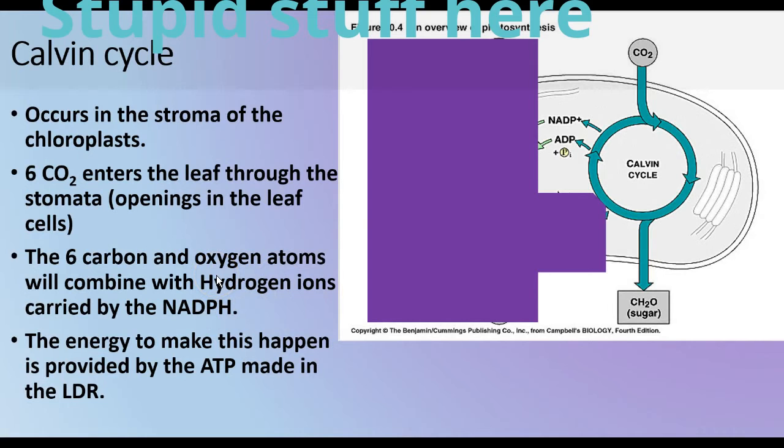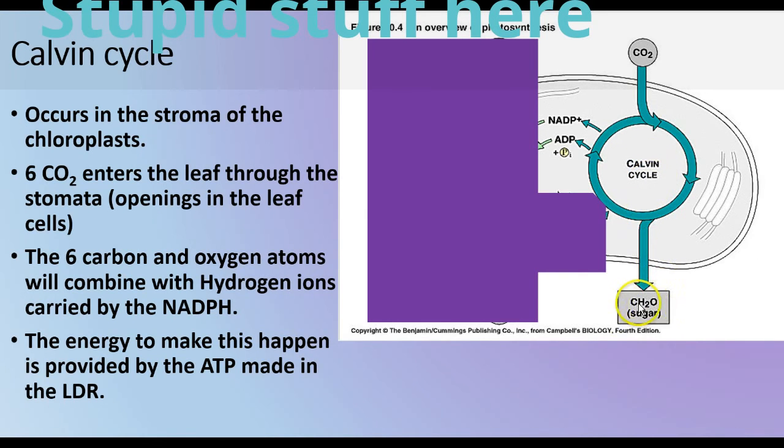So what happens is carbon dioxide enters the leaf through the atmosphere and finds itself into the chloroplast, and there's 6 of these. So these are 6 carbon atoms that are going to combine with all the hydrogens that the NADPH is carrying. The ATP is going to energize this, and we're going to produce a molecule of sugar.